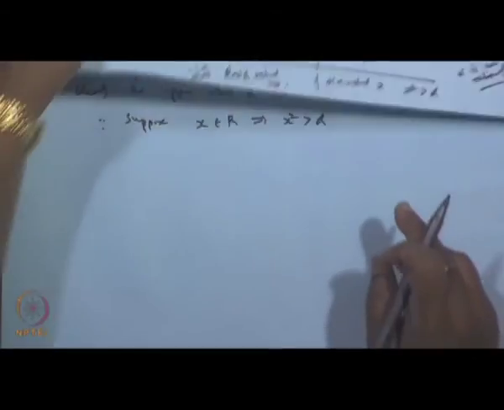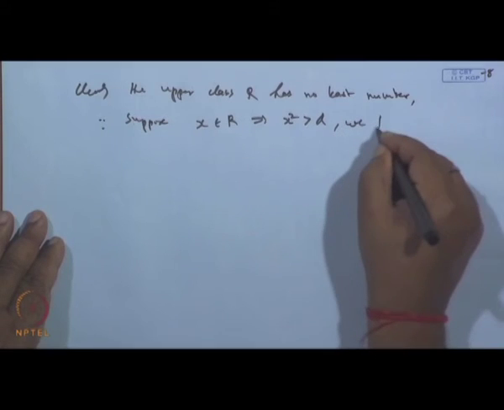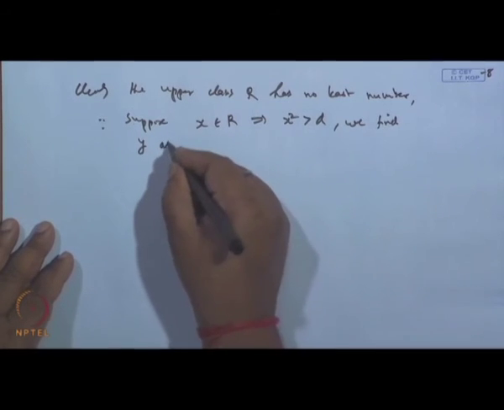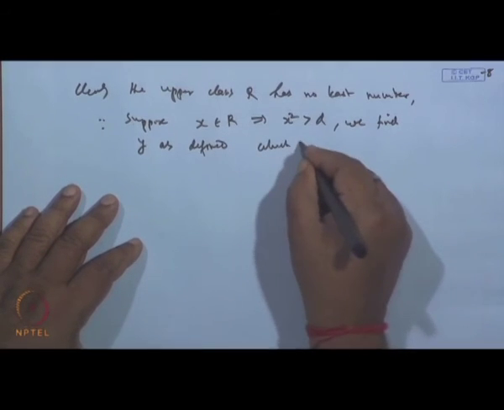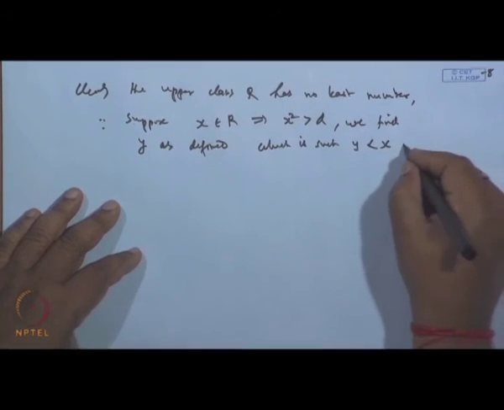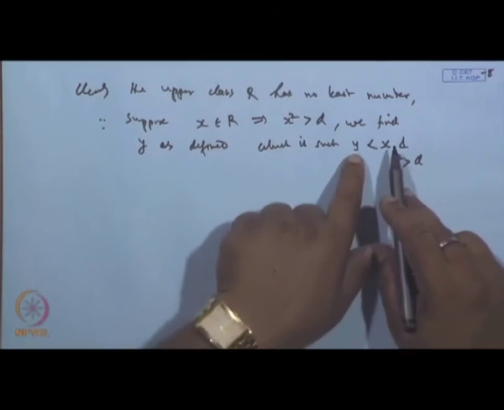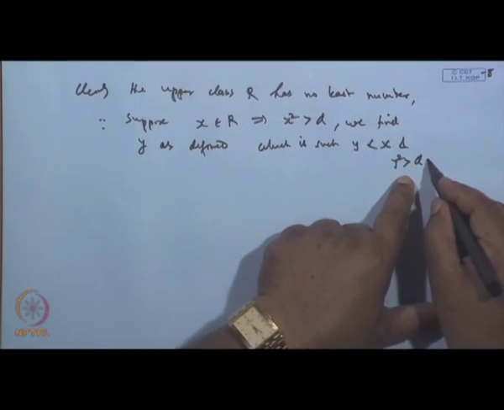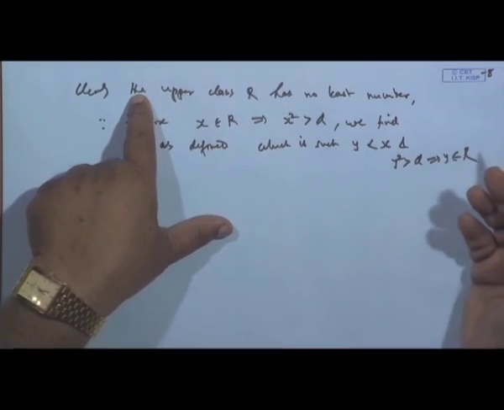So we find y as defined, which is such that y is strictly less than x and y square is greater than d. So if I take any number x in the upper class, we get another number y which is lower than x but still in the upper class. This implies that y is in the upper class R. So the upper class cannot have a least number.